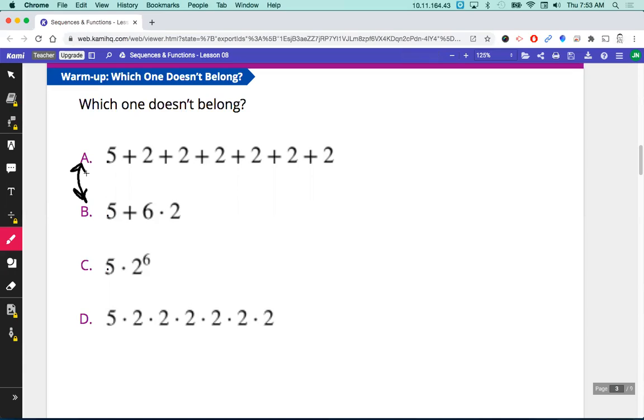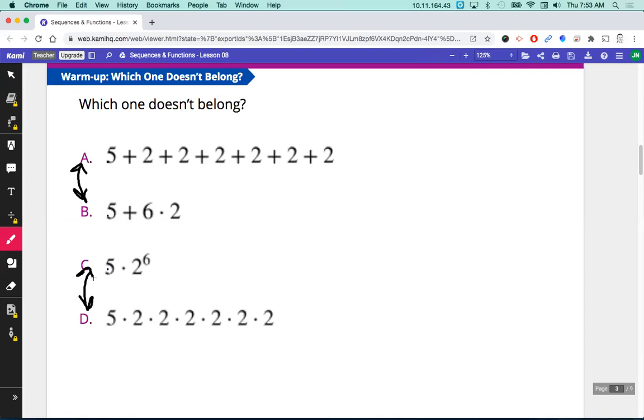We also were able to figure out that C and D are equivalent to one another, because multiplying 2 times itself 6 times in a row is the same thing as doing 2 to the 6th power. So the goal of looking at these different expressions was so you can see that the same thing can be expressed a couple of different ways.